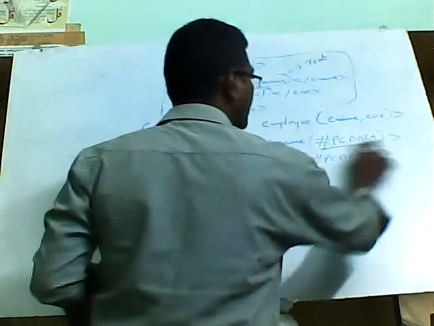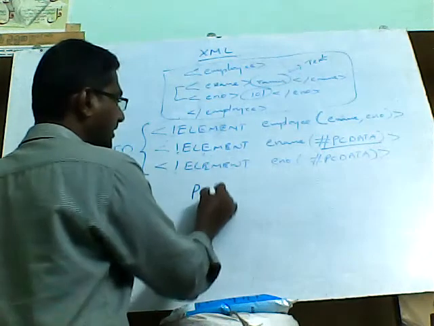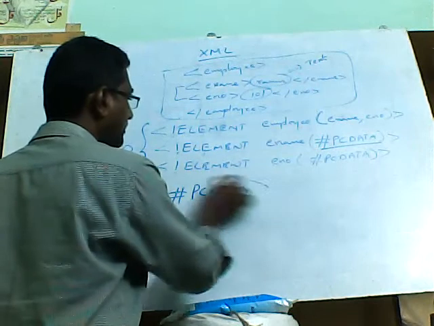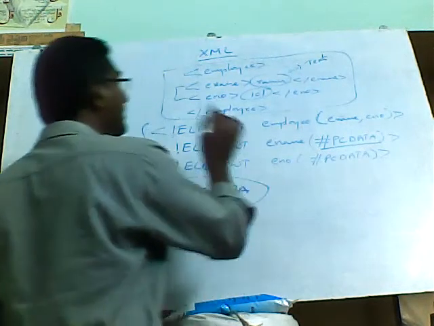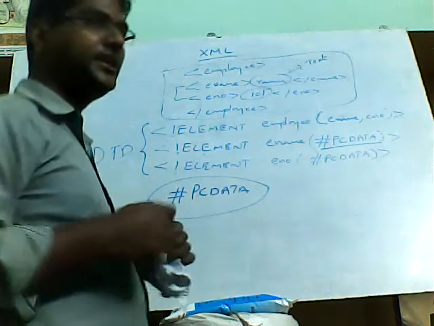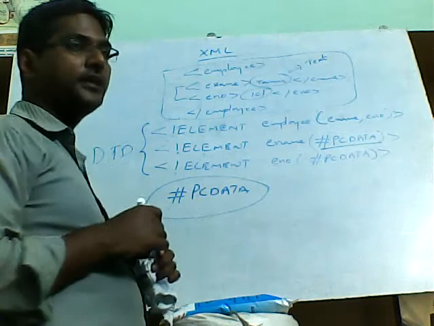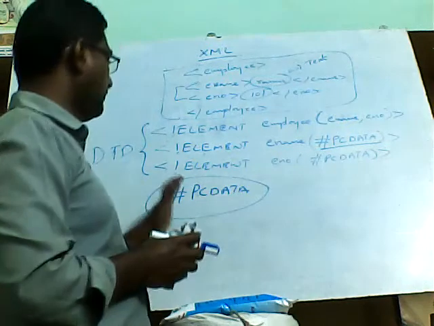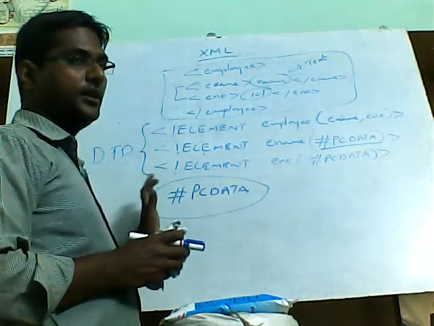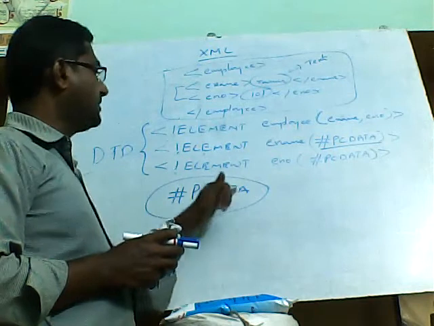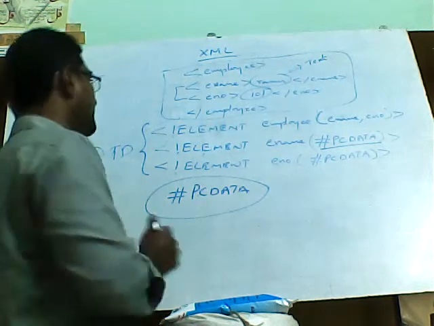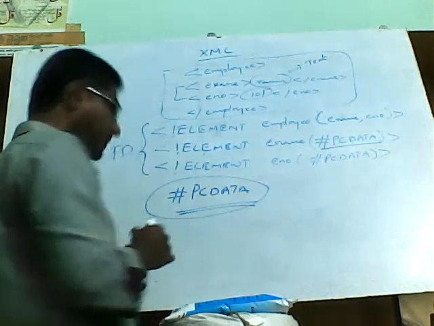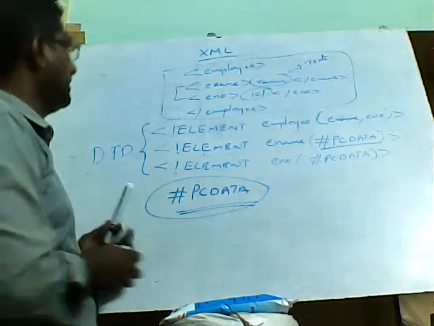That is, PCDATA is one data type that is available in DTD, to represent any information, any text data. Parsable character data. Right. So this will be helpful. That is what hash PCDATA is. This is the data type we will be using. So like this we can describe the DTD in this way.